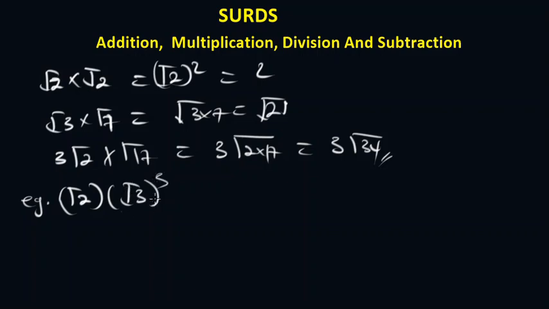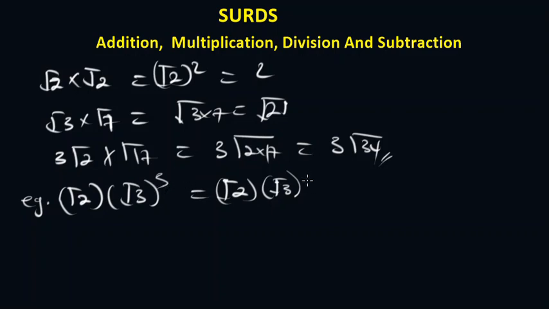Okay, so you can see that this root is carrying a power of 3, so we can have root 2 into brackets, and then have root 3, then we'll have the power. So we have this one, so we can even break it down.